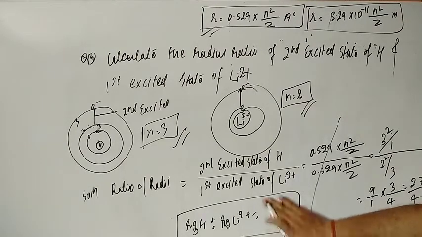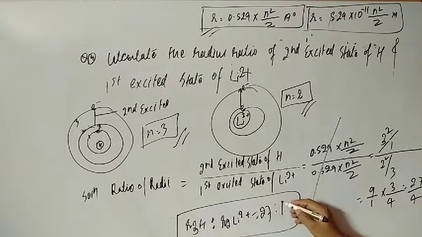So this is the correction, it is 27:4. So third orbit to second orbit, this is coming 27:4.